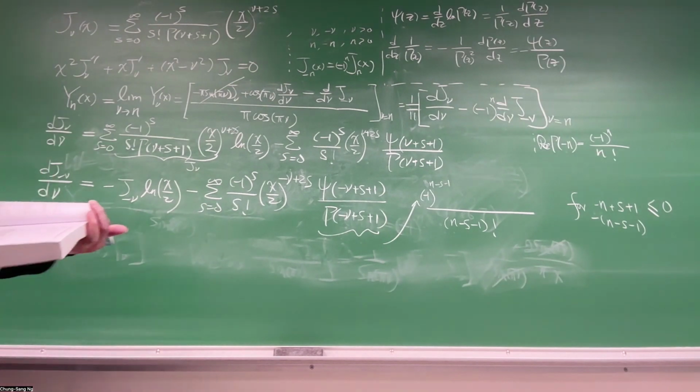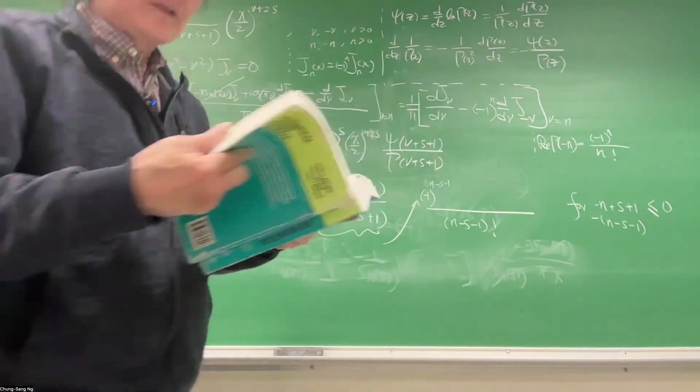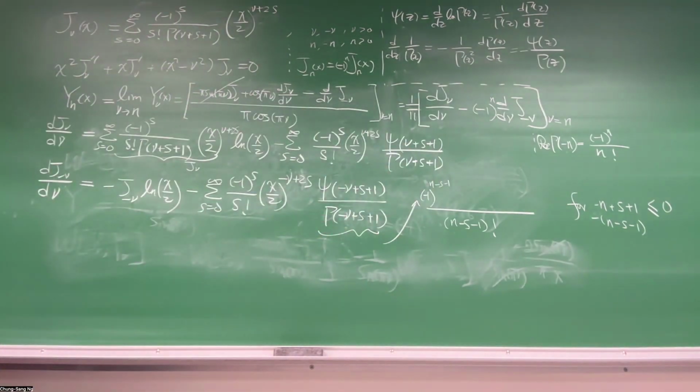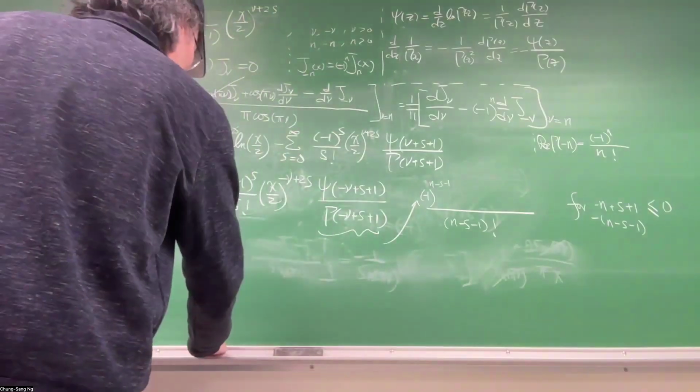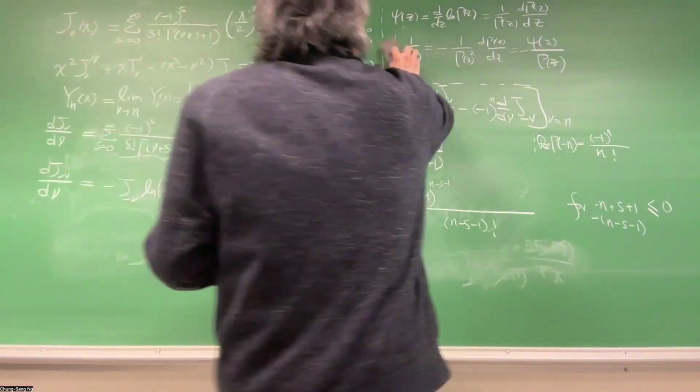And then for the digamma function, you can work this out a little bit. That should be in section 13.2. I just need to look up the equation. I have some space here. I already did this.